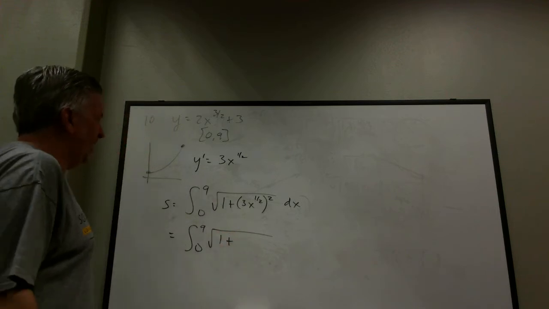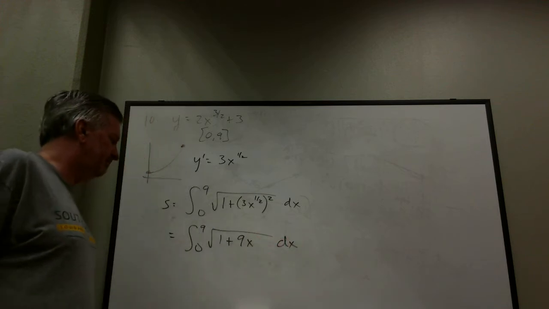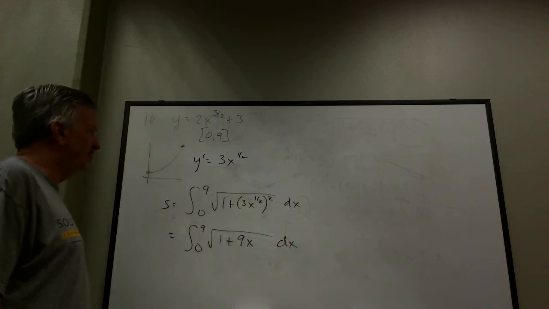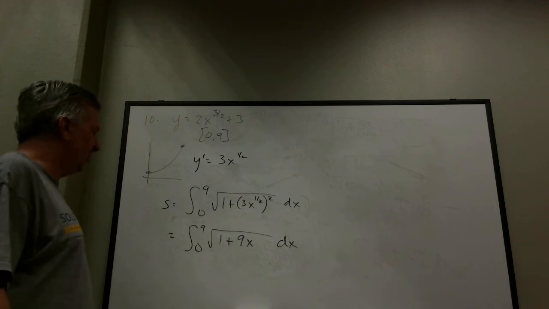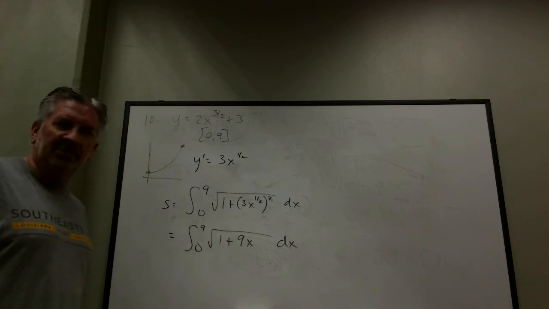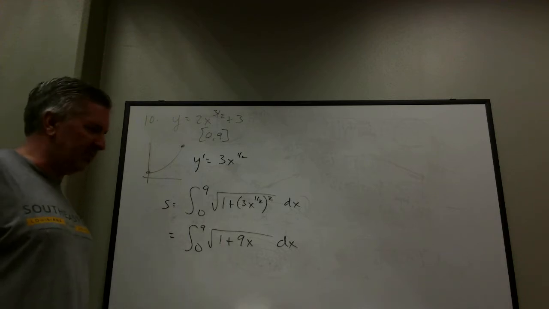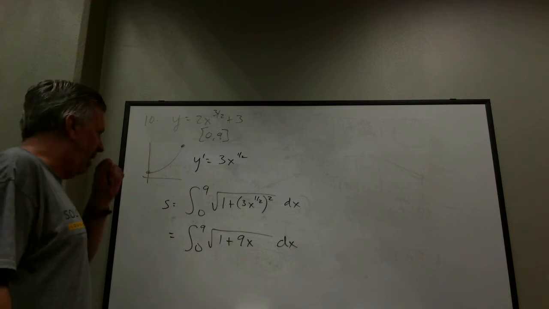Well, 3x to the 1 half squared is just 9x, isn't it? Okay, so far so good. Now how are we supposed to integrate this? Is this a straight integration problem? Remember, that's the first thing you ask yourself. And if it's not, what substitution would be reasonable?